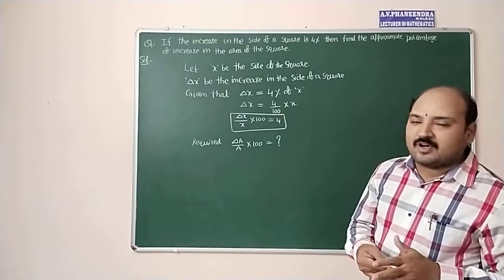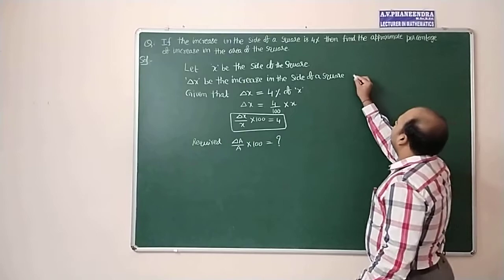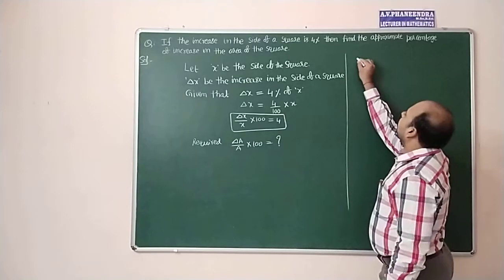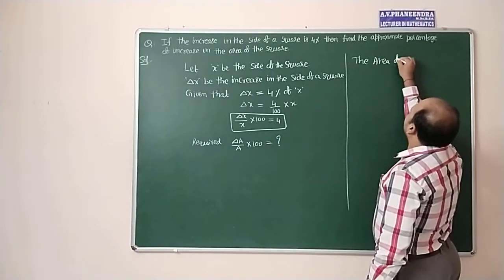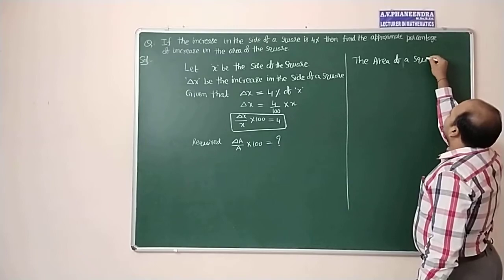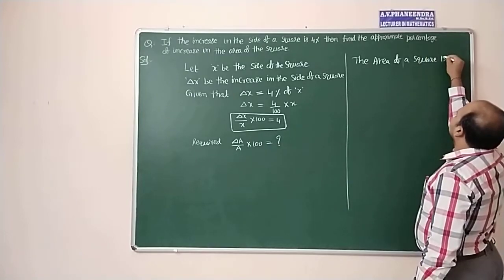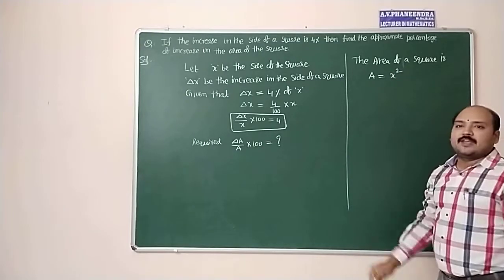Here what is the related formula? The area of a square is capital A equal to x square, side into side.